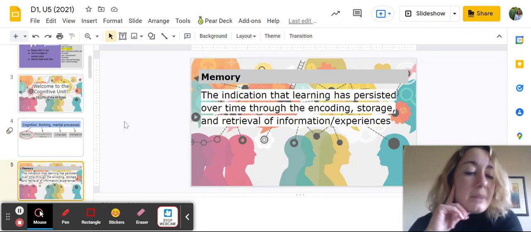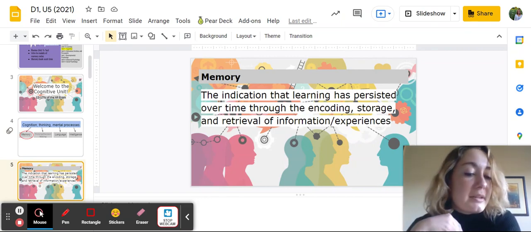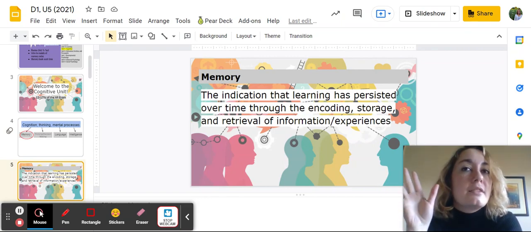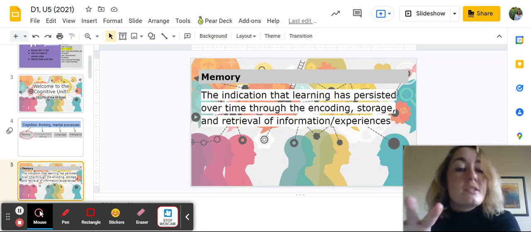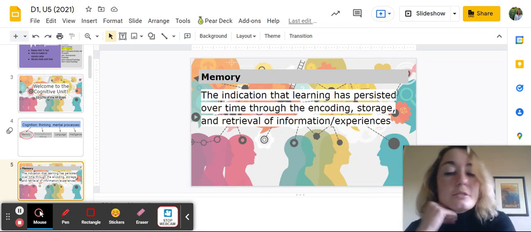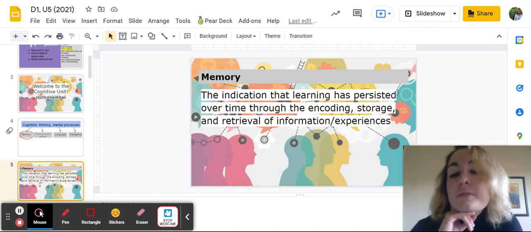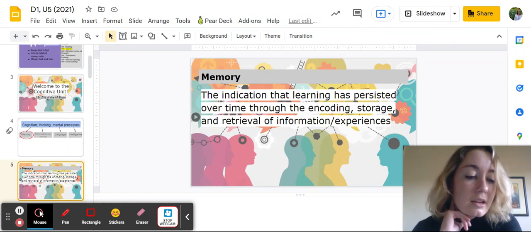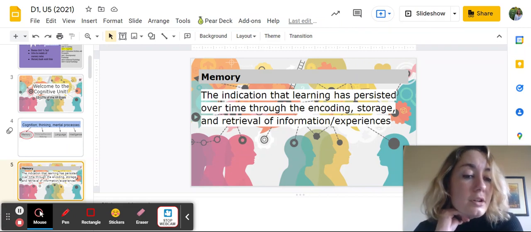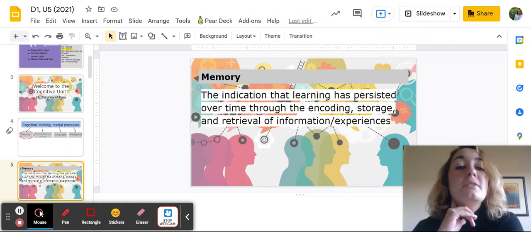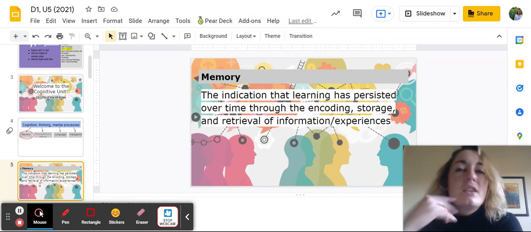So let's get into our definition of memory. That's what we're going to be talking about today. Memory is kind of the main focus of the next week of this unit, at least. Our definition of memory is the indication that learning has persisted over time through the encoding, storage, and retrieval of information experiences. We talked about our definition of learning as being a relatively enduring change in behavior, or something gained.